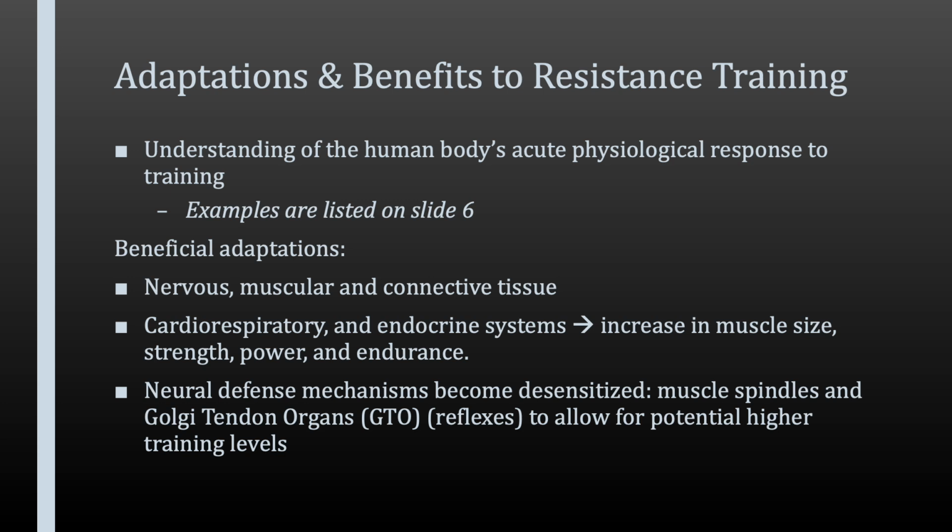Resistance training elicits a number of benefits to not just one system within our body, but multiple. We have improvements to the nervous system, muscular and connective tissue, the cardiorespiratory system, and endocrine system. We're going to increase in muscle size, our strength, power, and endurance.